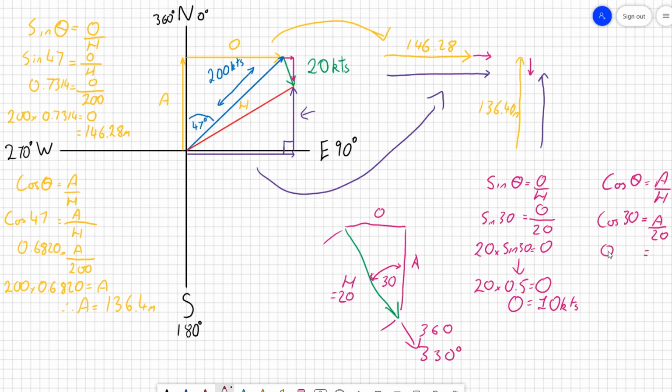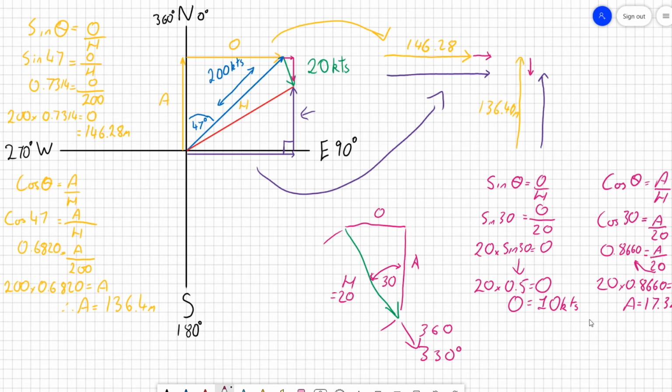So 0.8660 equals adjacent over 20. Again, we can flip that over there, so 20 times 0.8660 equals my adjacent. Therefore, adjacent is going to equal 17.32 knots.